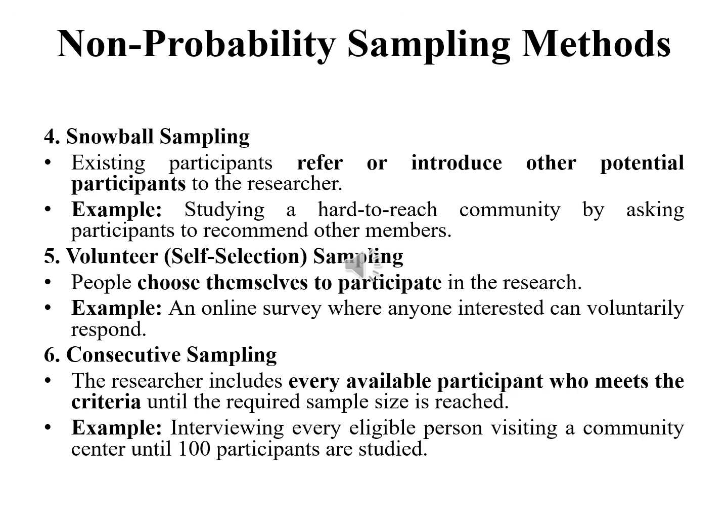Here the researcher includes every available person who meets the required criteria, one after another, until the required sample size is reached. For example, the researcher needs 100 participants. They include every eligible person visiting a community center until they reach 100 participants. To understand consecutive sampling: take every eligible person continuously until the required number is reached.